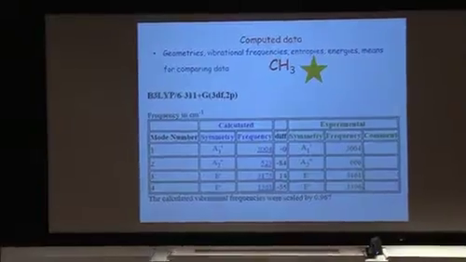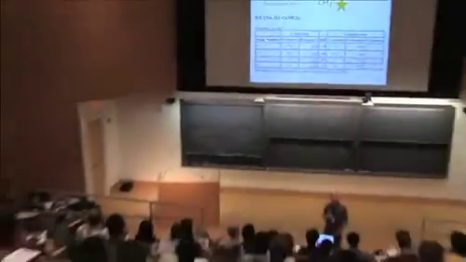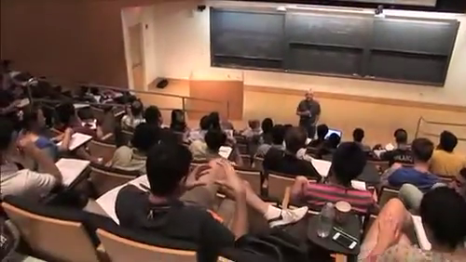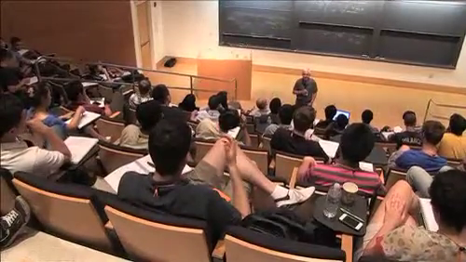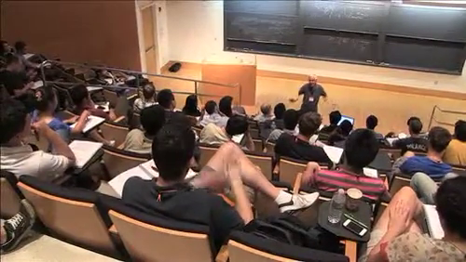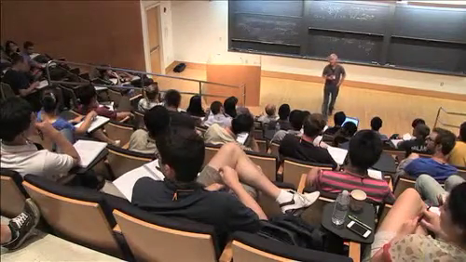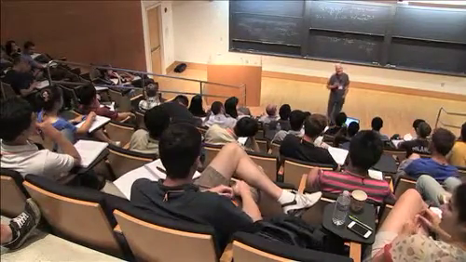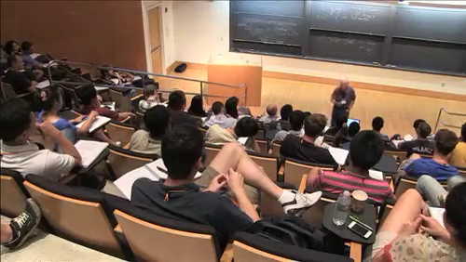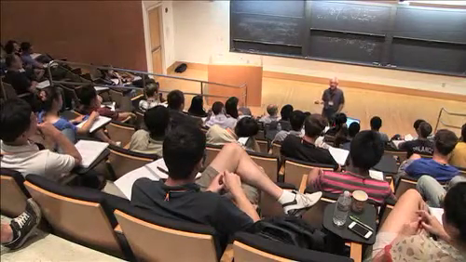Sorry? Oh, this is kind of a question. So if you know that this number is wrong, why doesn't it just get updated? I don't know. Updating databases is a problem. There presumably isn't money at NIST to do it.